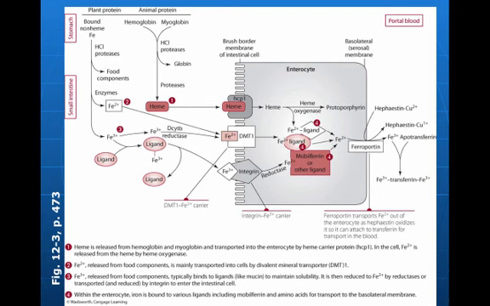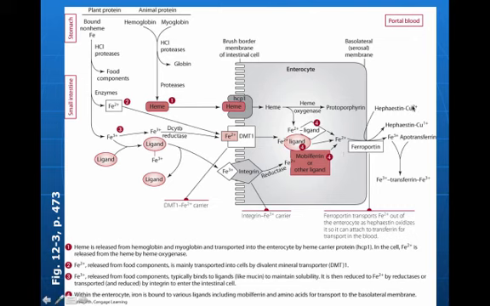Hepcidin travels through the blood, binds ferroportin, causes ferroportin to move from the basolateral membrane to the cytosol and get degraded.